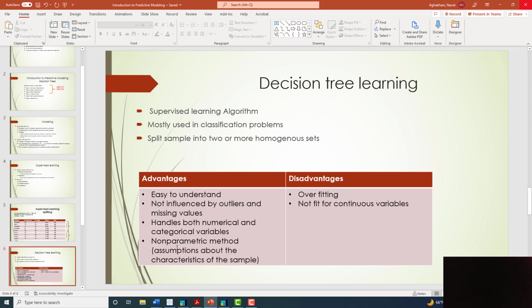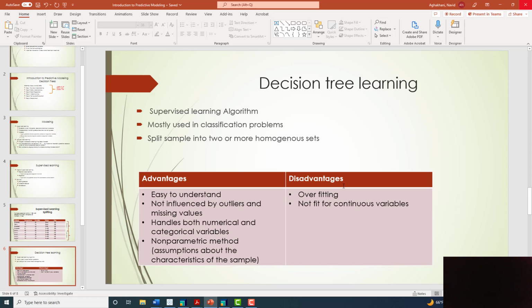That means they don't make any assumptions about the characteristics of your sample data. So decision tree is quite well suited for this demo because we are going to skip the data cleansing and data preparation in this demonstration.